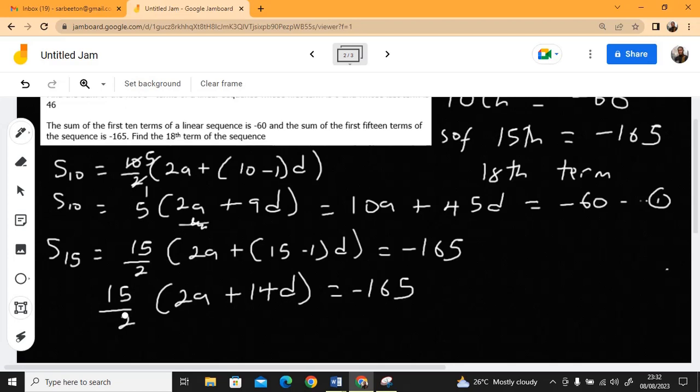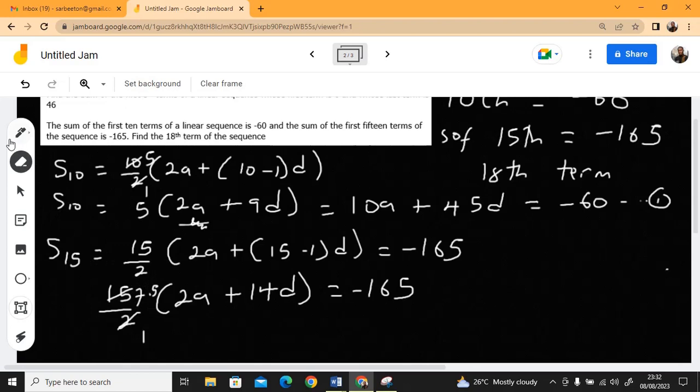You can make it decimal anyhow you want, but I don't like students making this decimal. If you want, no problem. I can say 2 here is 1, 2 here is 7.5, but I don't advise you to do this because sometimes it may be critical.